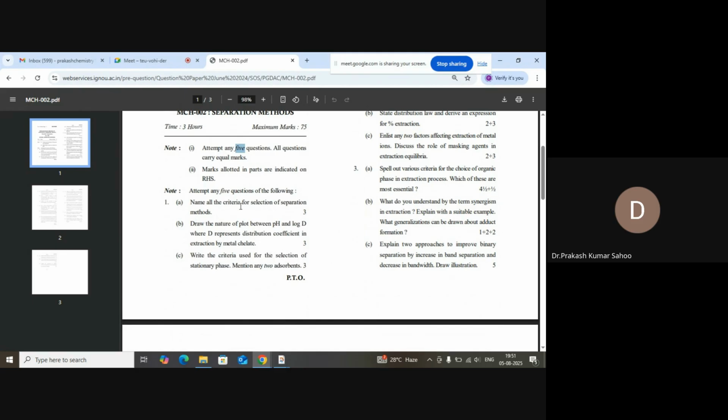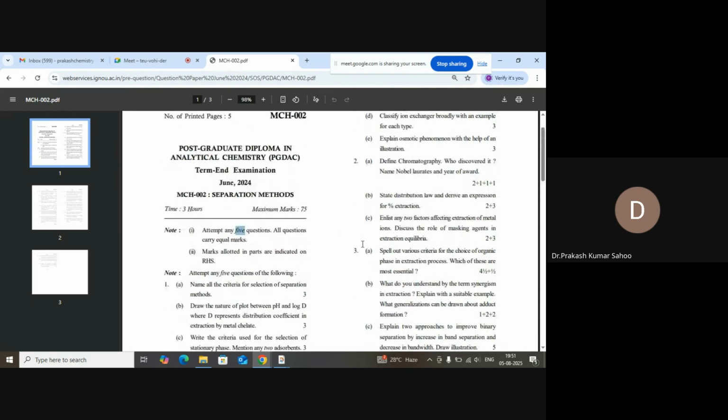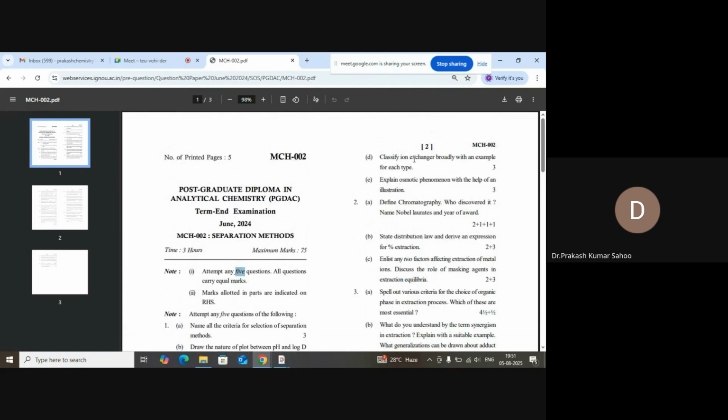Like your name, all the criteria for selection of separation method, draw the nature of plot between pH and distribution coefficient, write the criteria for the selection of stationary phase, adsorbate, then the ion exchanger, ion exchange.